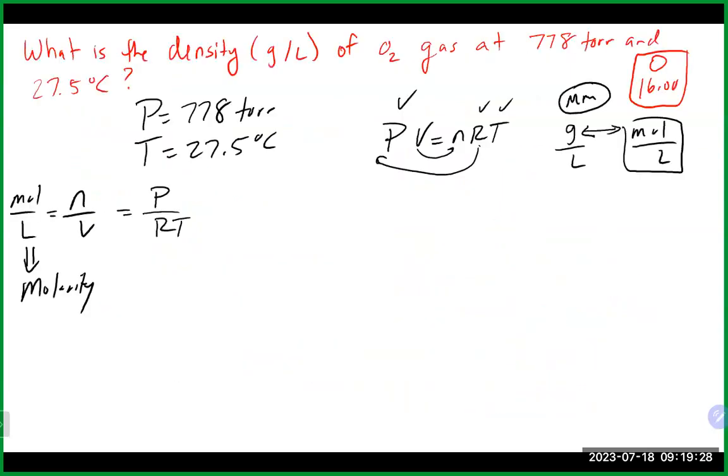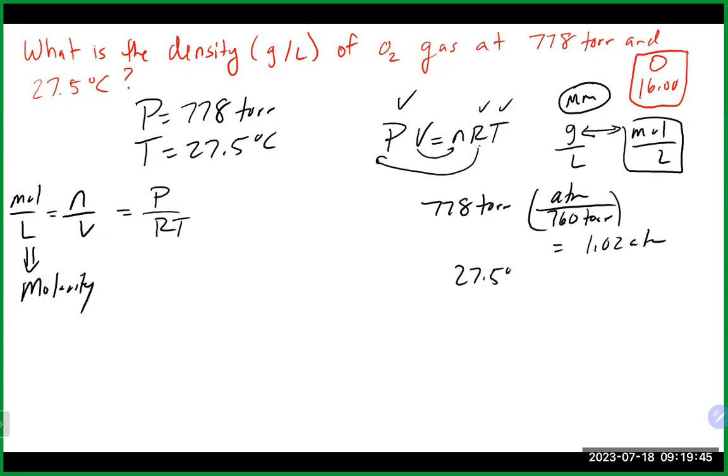So to do that, we've got to get everybody in the right units. So we're going to take 778 torr. We're going to convert it into atmospheres by dividing by 760. That gets us 1.02 atmospheres. We're going to take our 27.5 degrees Celsius, add 273, which gives us 300.5 Kelvin.